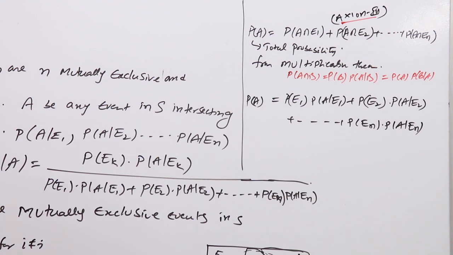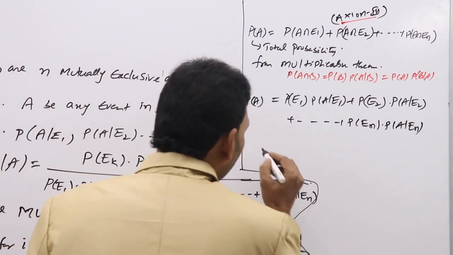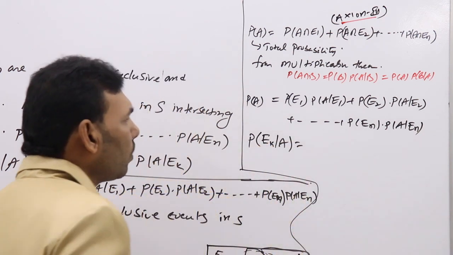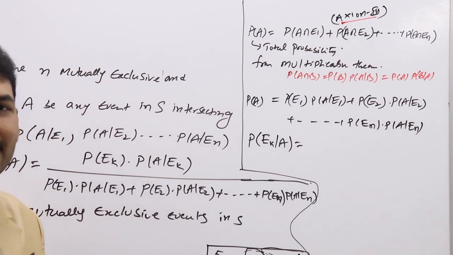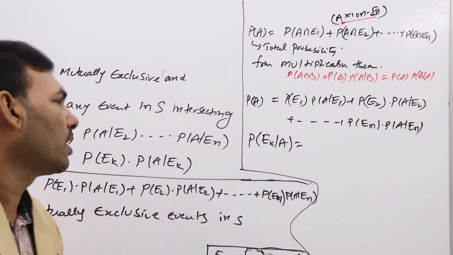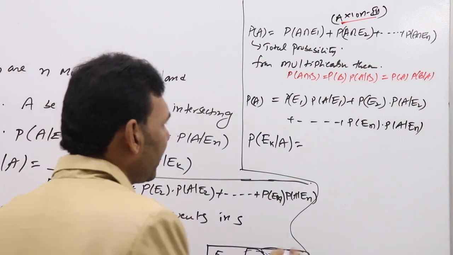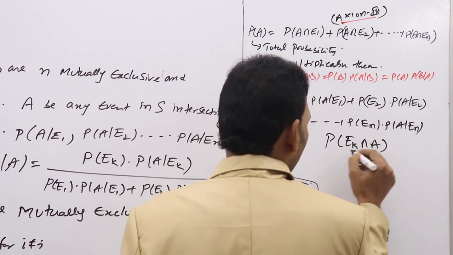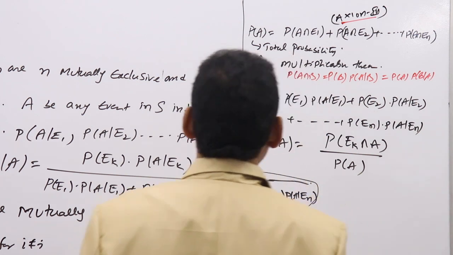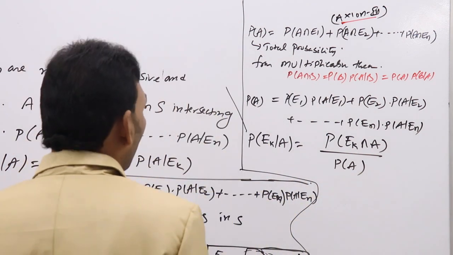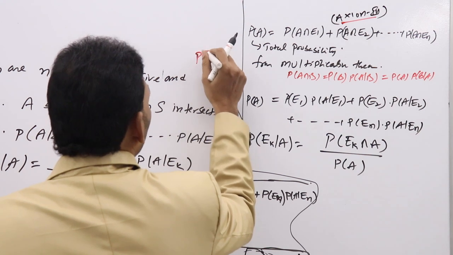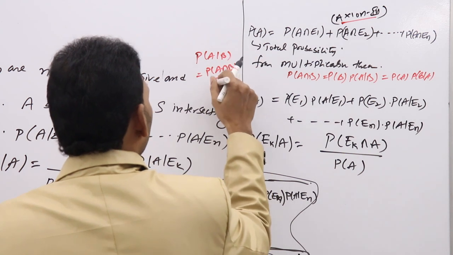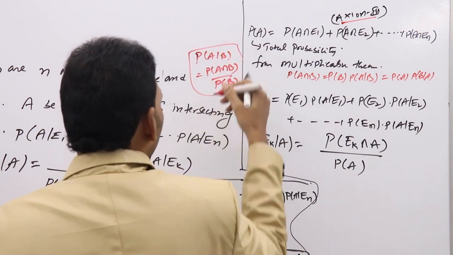But what we need to find? We need to find the conditional probability of this case, Ek given A. We all know that probability of A given B is probability of A intersection B by probability of B. Basing on that, one can write probability of Ek intersection A by probability of A. Using the conditional probability formula, I wrote it there.